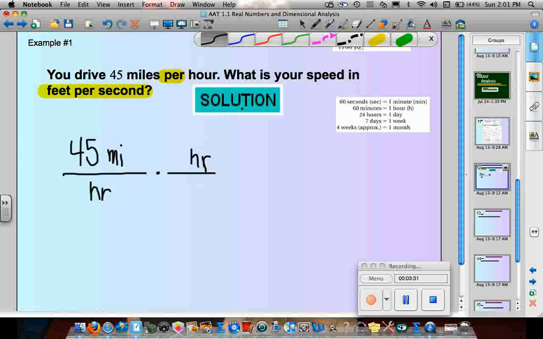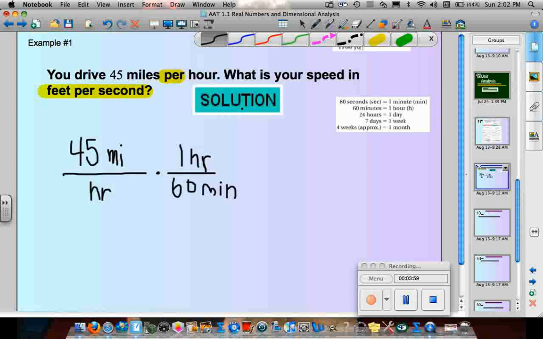So what is the same as 1 hour? Well, I know 60 minutes is the same as 1 hour. So this is like saying 5 over 5. 1 hour is the same as 60 minutes. This fraction that I'm multiplying by right here is 1. So it's not changing my 45 speed here.